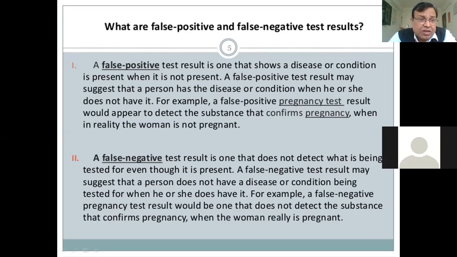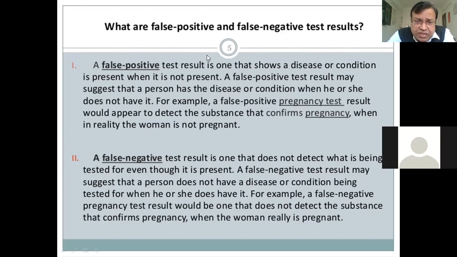It means the disease symptoms are there, but you can't find that particular microorganism. A false positive test may suggest that the person has the disease or condition when he or she does not have it. So he is having the symptoms like typhoid, but Salmonella typhi is not present in the test. He is not getting a positive typhoid test, though he has the symptoms.